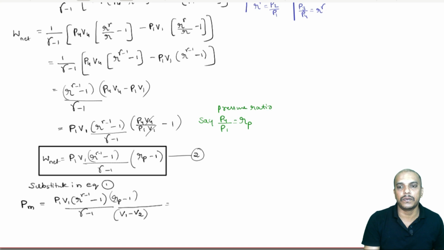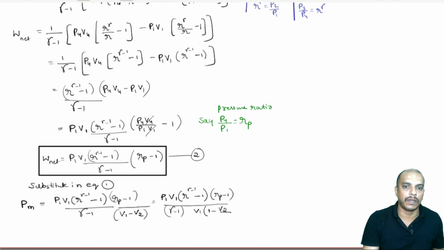Now let us simplify it. How do we simplify this? In the denominator I will take V1 common so that I can cancel out V1 in the numerator. It will be 1 minus V2 by V1.